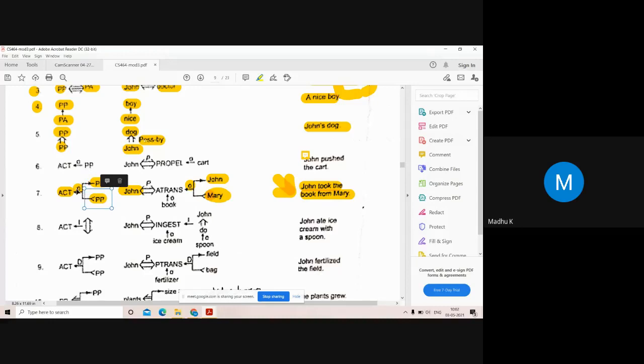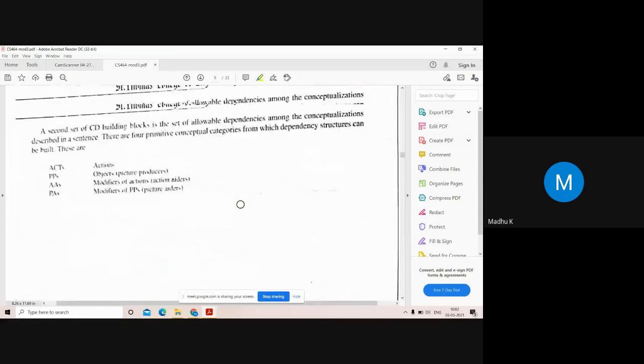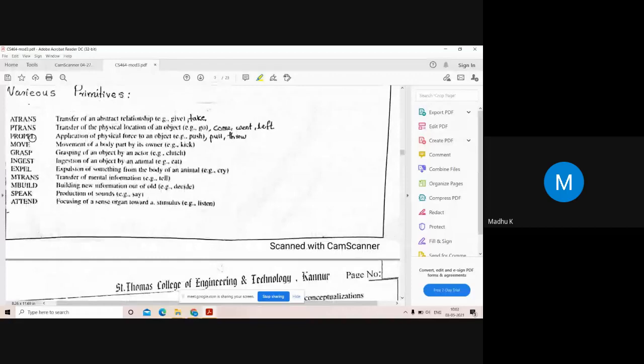PP, PP, O should be there and this should be the act. What is the act? Act is A trans. Why use A trans? What is A trans here?